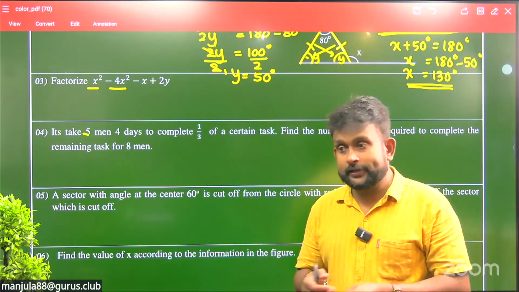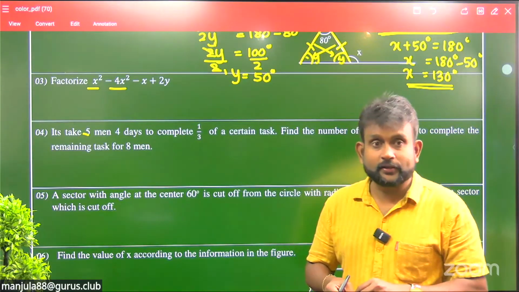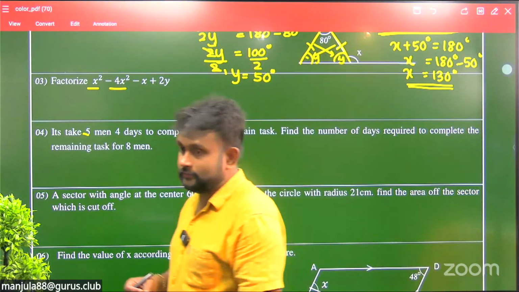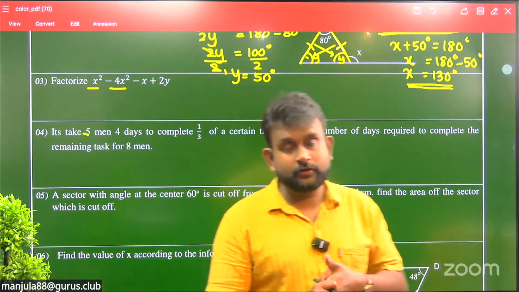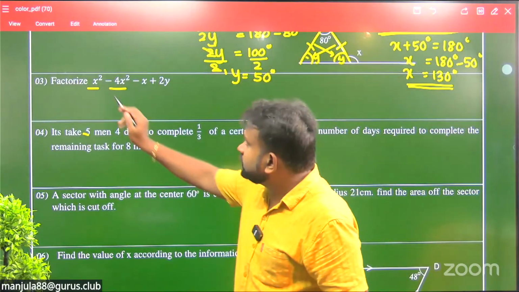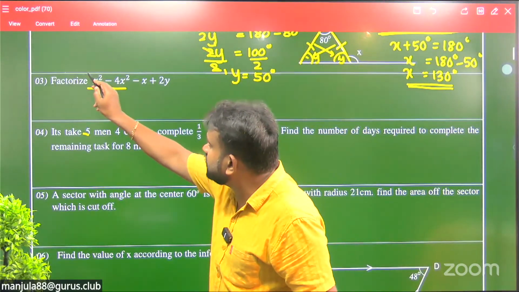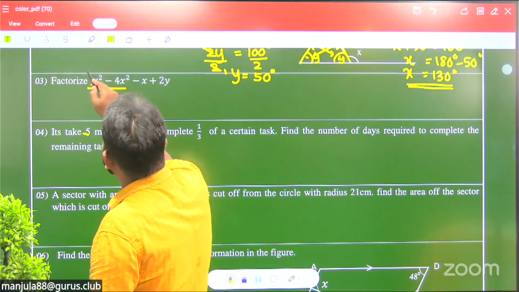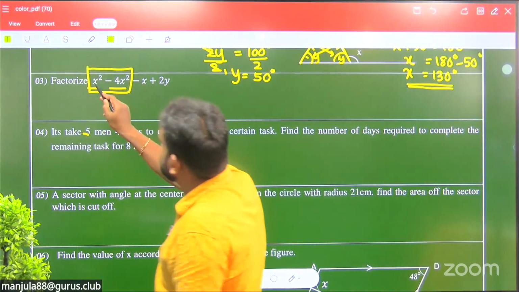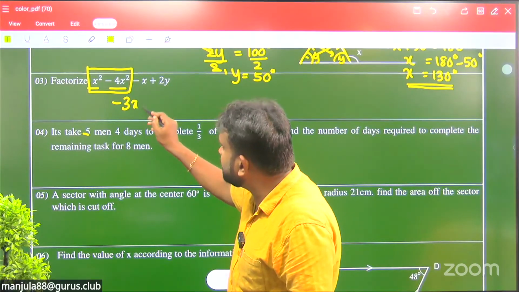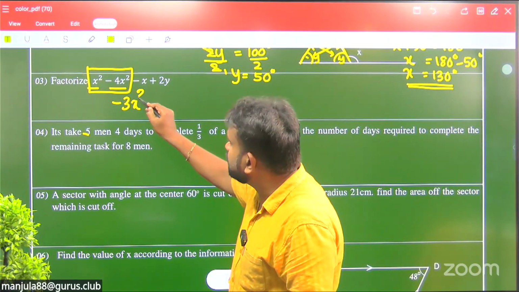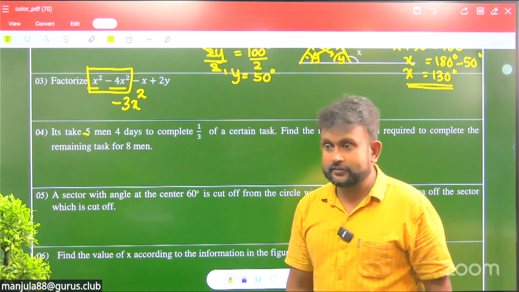So normally it is an expression of x and y both, not a function actually. But the issue here is that this kind of terms will not be given, because it simplifies. Someone can say x squared minus 4x squared, what is the answer? Negative 3x squared. That's the issue.